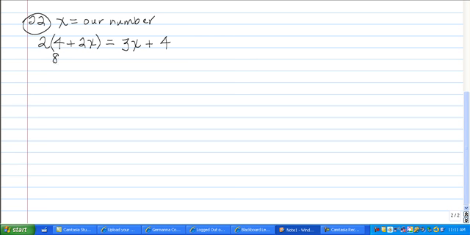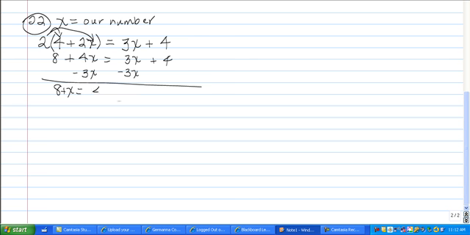Okay, so we get 8 plus 4x when we distribute, 2 times 4, 2 times 2x, equals 3x plus 4. Now again, we want to get our x's together. So we get 8 plus x equals 4. Subtract our 8, and we get x equals negative 4.